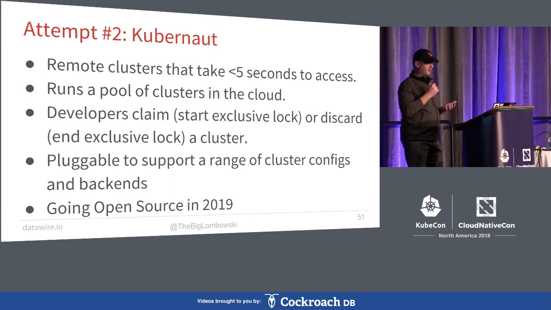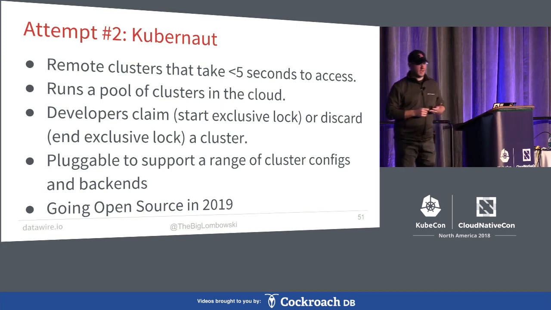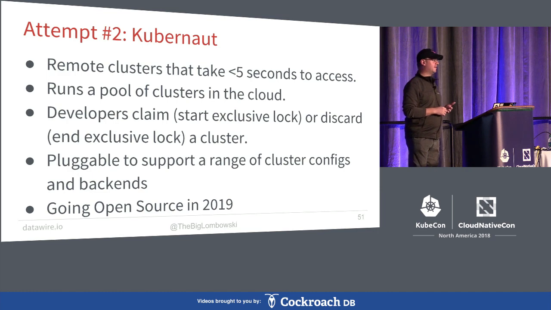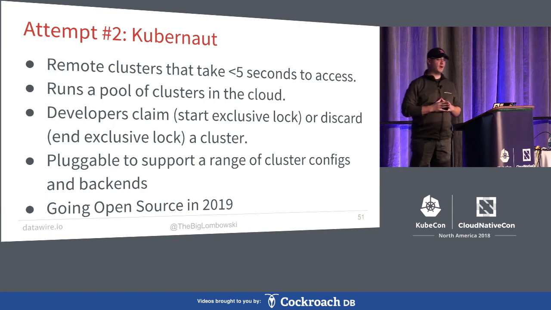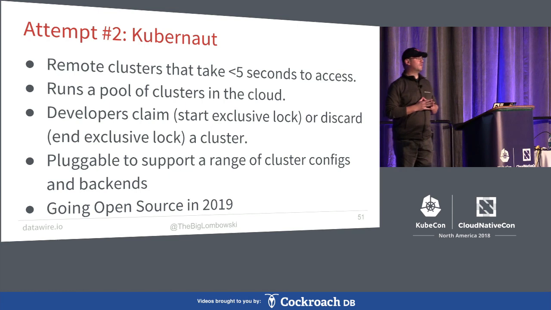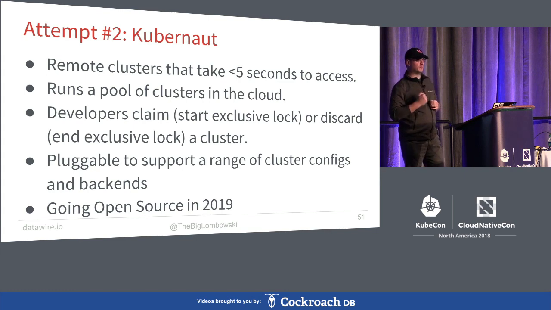It can be run on a system that has any number of CNI or CRI configurations. It can be run on different operating systems at different versions of Kubernetes. You realize your test matrix suddenly becomes massive, or your reproducer matrix for a bug becomes massive. You can't have developers waiting for minutes to spin up Kubernetes clusters to do that. So we were like, well, we need to solve that problem. So we came up with this KuberNot system which allows them to just grab these clusters that are already running.